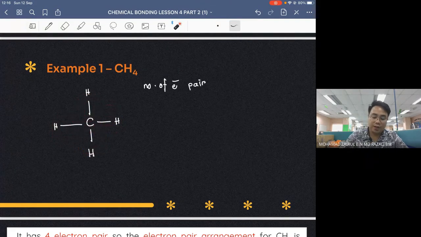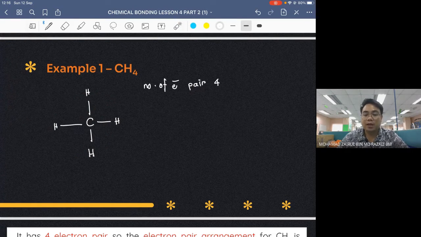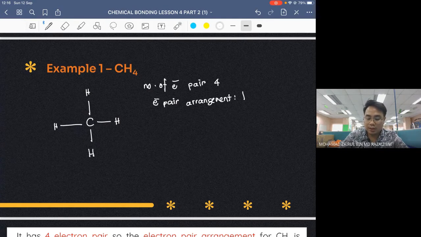Number of electron pairs is equal to 4. So when the number of electron pairs is equal to 4, the electron pair arrangement is tetrahedral.